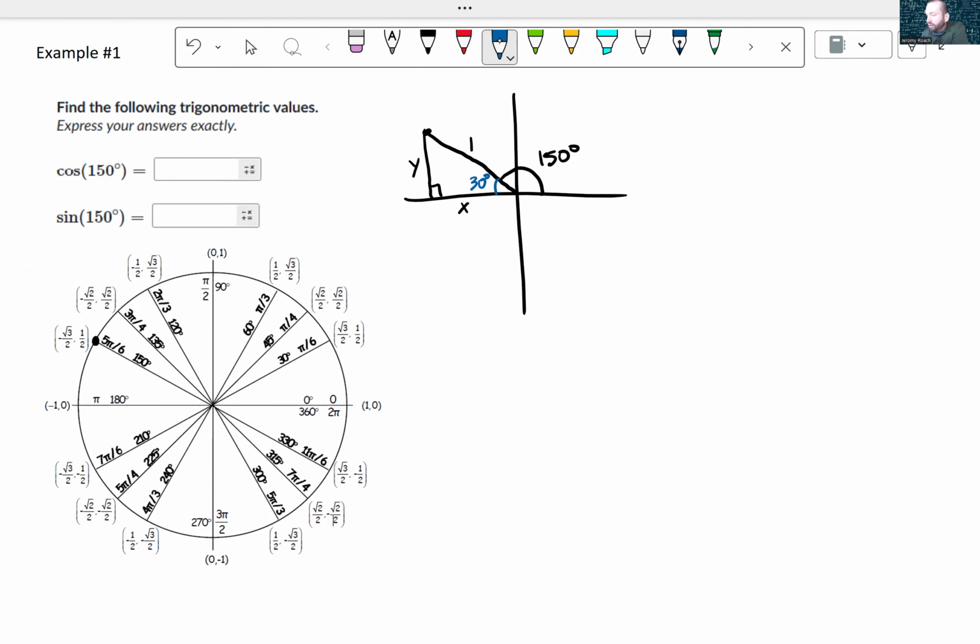And so now we can figure out, well, what is sine of 30 degrees? Sine of 30 degrees is opposite over hypotenuse, or y over 1. So that's what our y is equal to. And sine of 30, if we check here on these first 3 points in quadrant 1, if you memorize these first values, they go in a specific order around the unit circle.